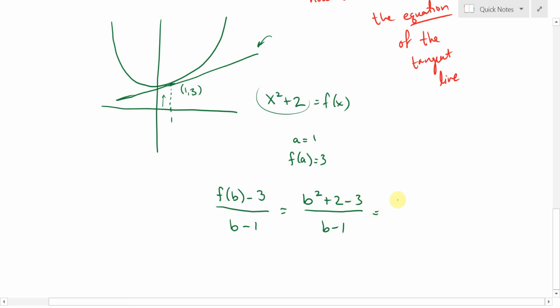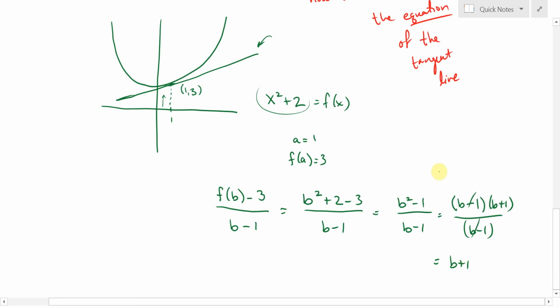Or just the 2 and 3 combined, that's b squared minus 1 over b minus 1. And that actually simplifies, doesn't it? As long as b is not equal to 1, this can be broken up into b minus 1 times b plus 1. We have a b minus 1 on bottom, so those will cancel, and we'll get b plus 1.